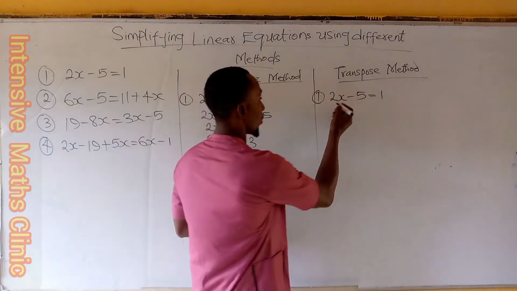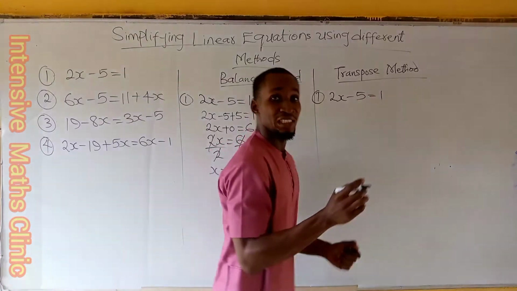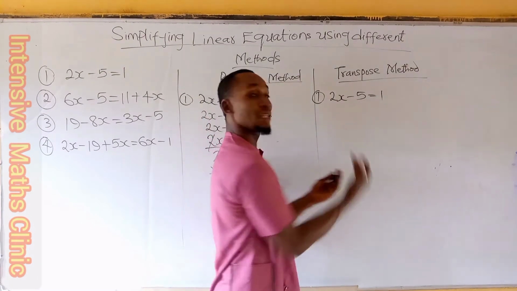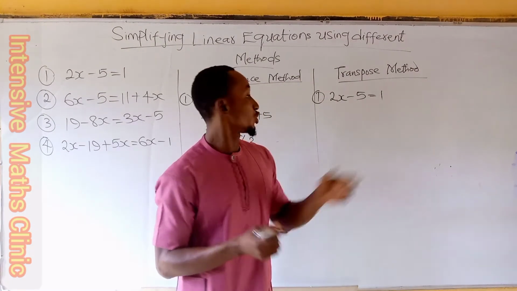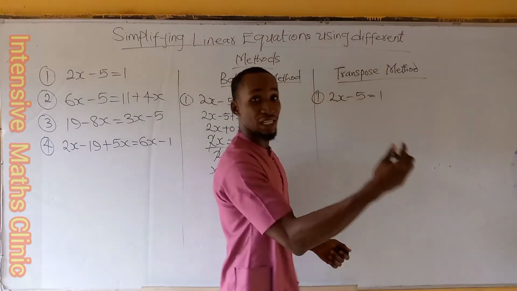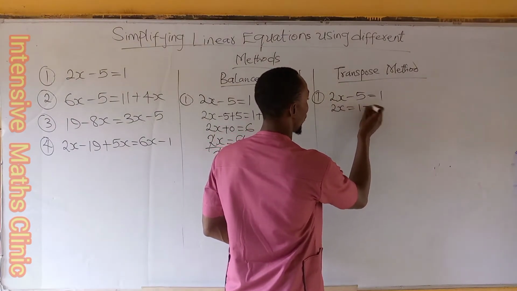Here we have 2x minus 5 equals 1. We are going to arrange this using the transpose method. The term that has x will be on one side, and the constant, which doesn't have a letter attached to it, will be at the right hand side. We do that by collecting like terms, so 2x equals 1 plus 5.